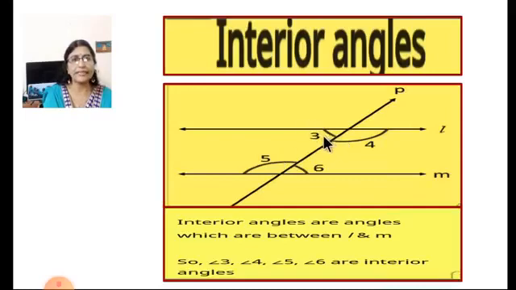Here you can see these angles which are inside the lines: angle 3, angle 4, angle 5, angle 6, which are on the interior side of the lines L and M. So interior angles are the angles which are between L and M. So they are called interior angles. These 4 angles, angle 3, angle 4, angle 5, angle 6, are called interior angles.